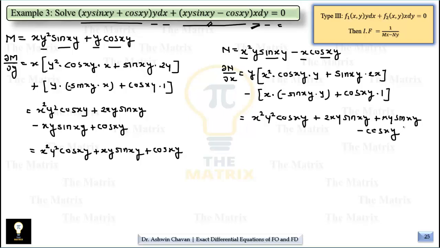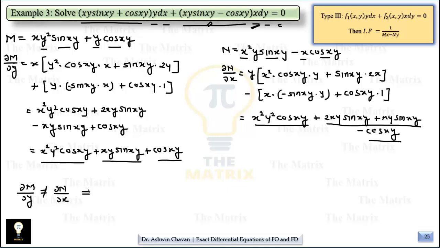If you see, x square y square cos xy is the same in both. But xy sin xy here is 3xy sin xy, so it is not matching, whereas this is also cos xy and this is the negative of cos xy. So with this we can say dou M upon dou y is not equal to dou N by dou x, which tells us the differential equation is non-exact.